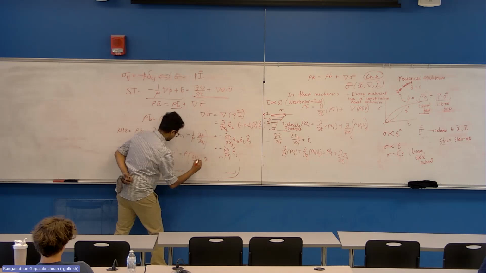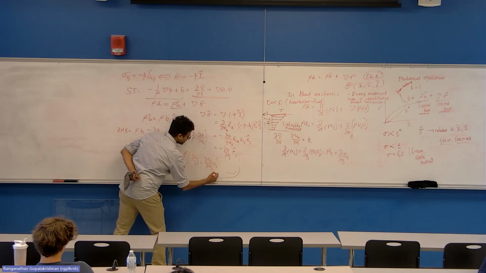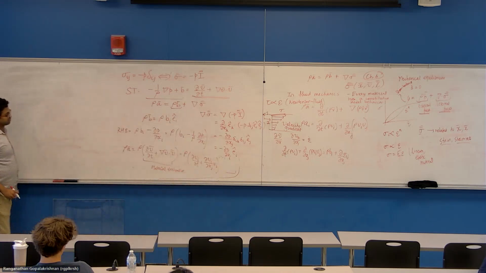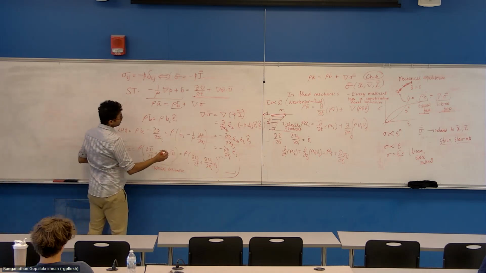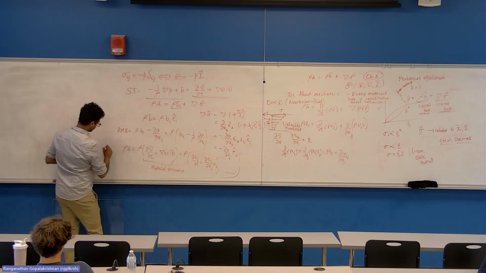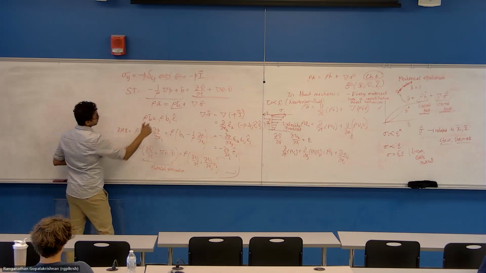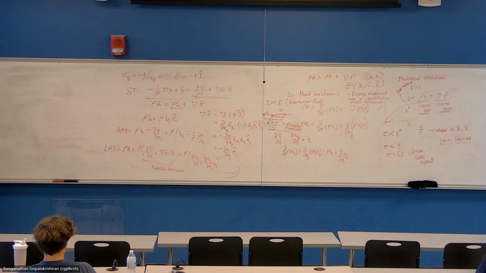That is partial vi over xj times vj. So you can easily derive, if this is left side and this is right side, there you go. There's your relation that you need to show.